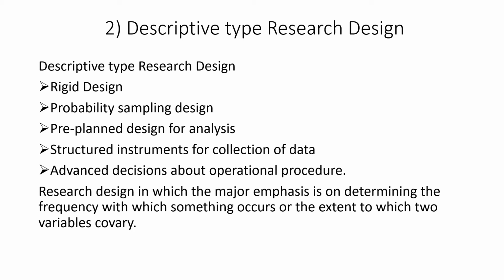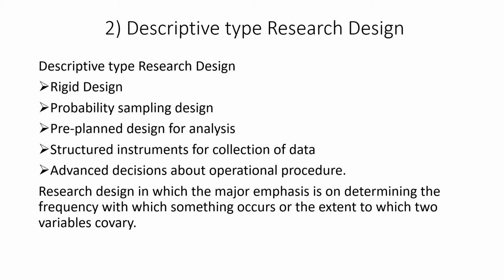For analysis, each and everything we have to pre-plan for our research design in descriptive type research. Also, structured instruments for collection of data: we need to discuss all the instruments that we are going to apply in this descriptive type research design, and advanced decisions about operational procedure.